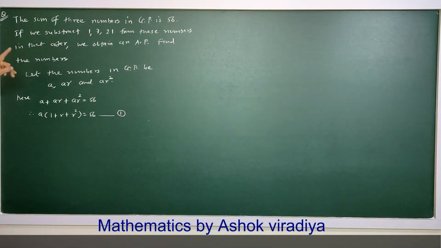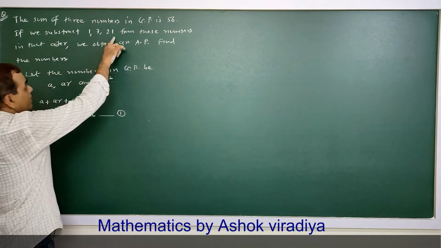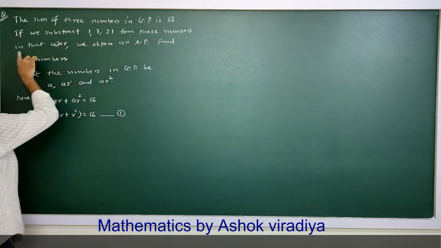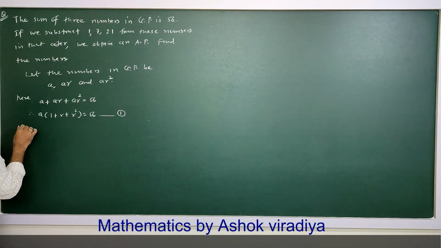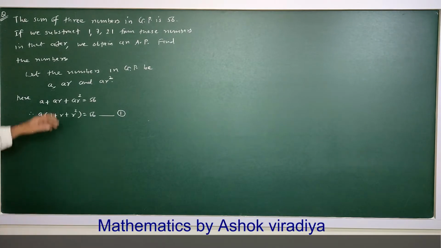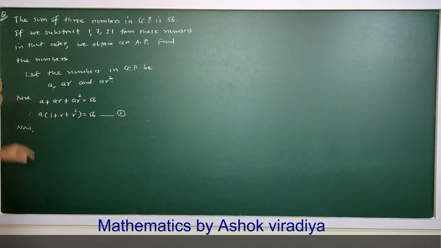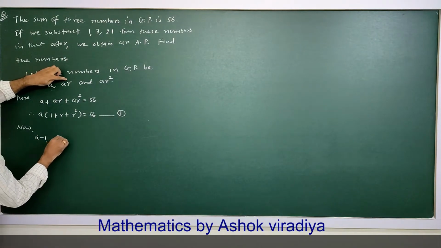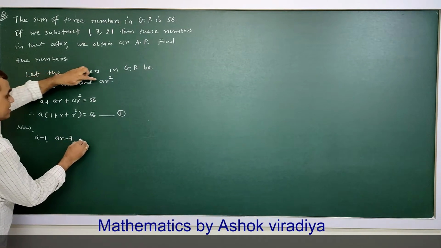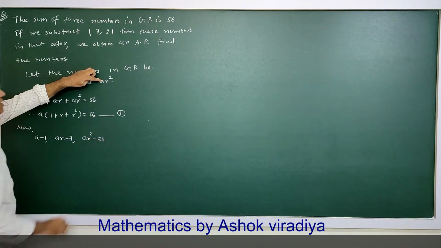Now next statement. If we subtract 1, 7, 21 from these numbers, that means from these numbers I am subtracting 1, 7 and 21. So see, A minus 1, AR minus 7, AR square minus 21.